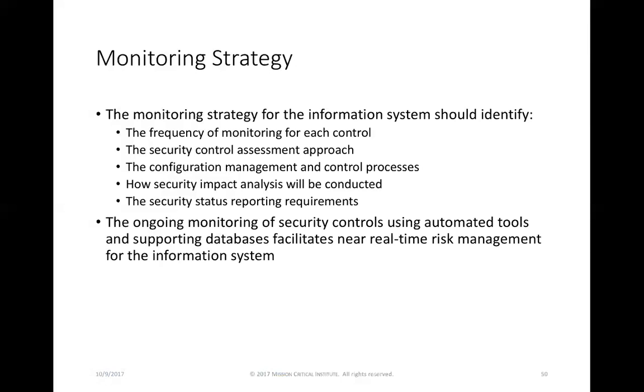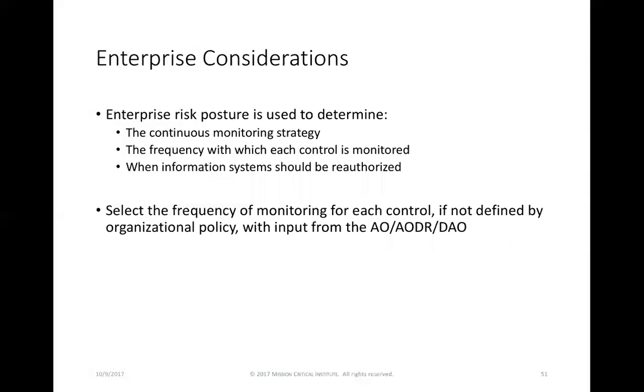So for example, auditing tools or monitoring tools that would help you with your continuous monitoring strategy, and you would obviously describe those tools in the continuous monitoring plan. You have to look at the risk posture of the entire enterprise when you're looking at the monitoring strategy. That's just a good idea to do.